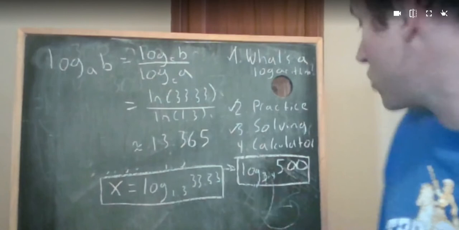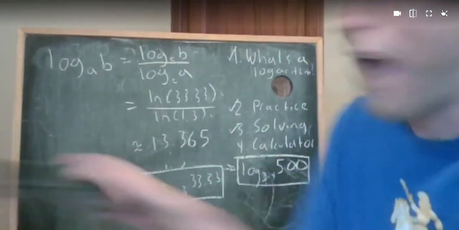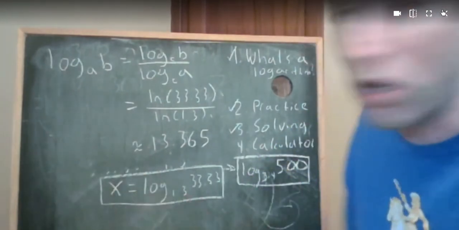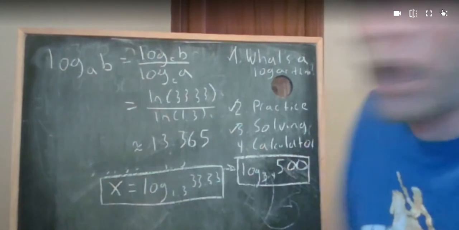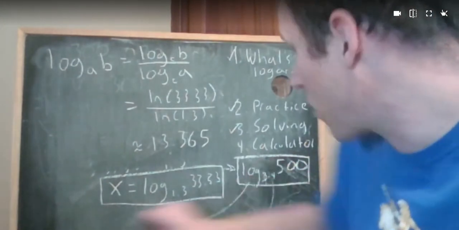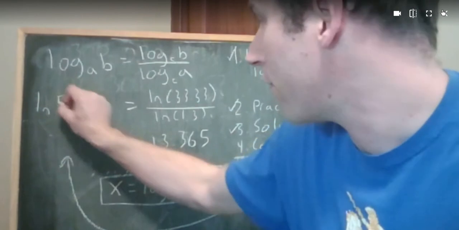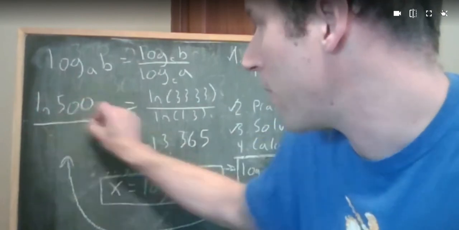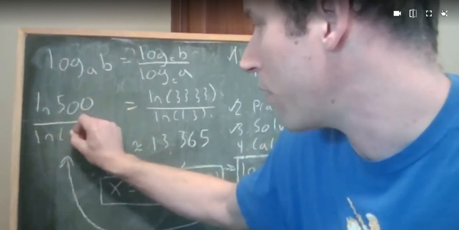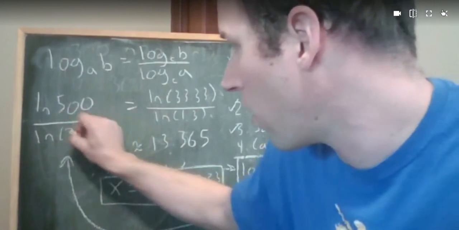Let's evaluate this one, log base 3.4 of 500. Remember, we estimated the answer would be somewhere in the neighborhood of 5. Let's see how close that estimation was. So I'm going to do the ln of 500 divided by the ln of 3.4. On your calculator, both those numbers will need to be in parentheses.